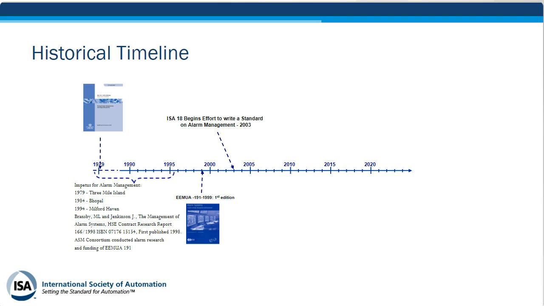But in 2003, Nick Sands and I started our effort to lead the ISA team group to create the first standard on alarm management. It took us a number of years. EEMUA 191 second edition was published in 2007. In 2009, we published the first standard on management of alarm systems for the process industry.